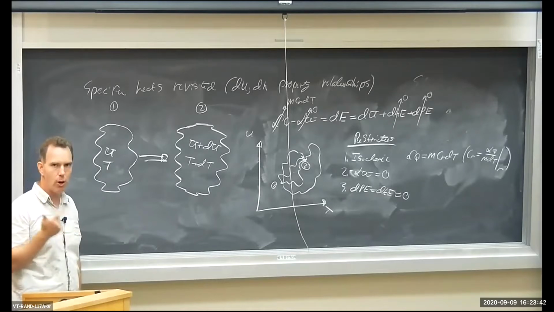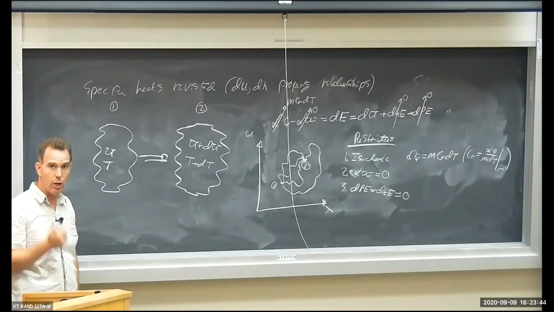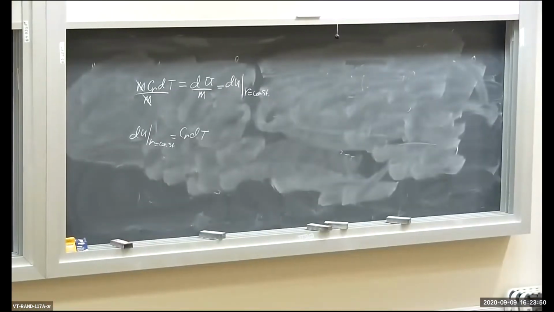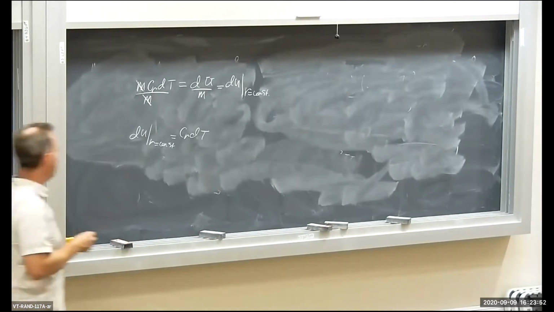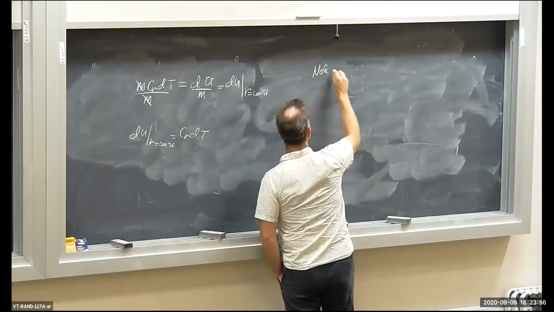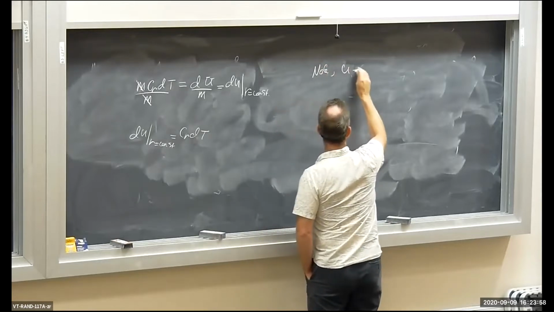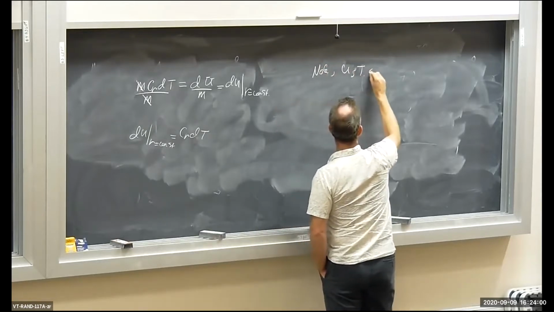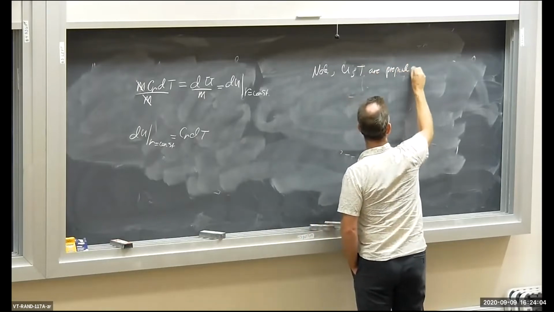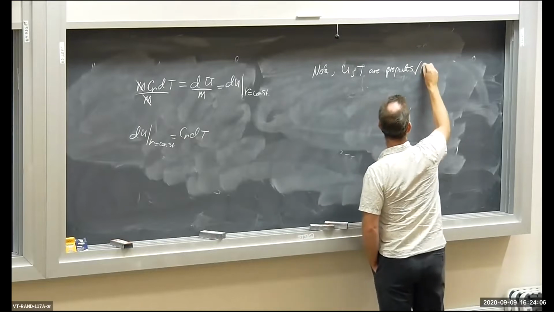U and temperature are properties, so their changes are not path dependent. They are point functions. So, note, U and T are properties, in other words, point functions.